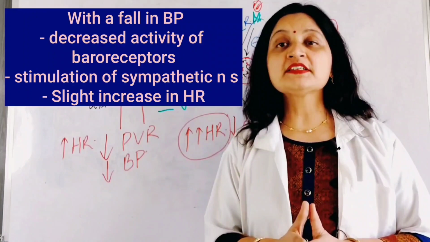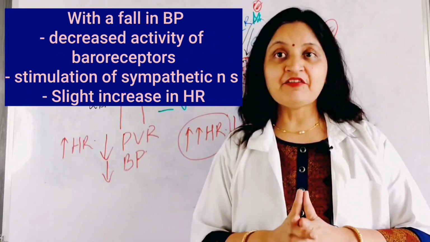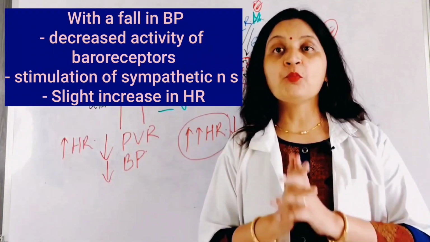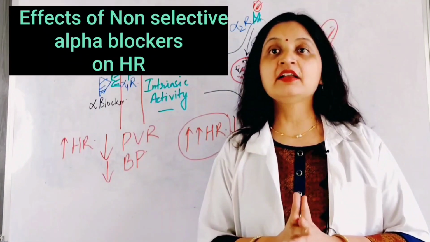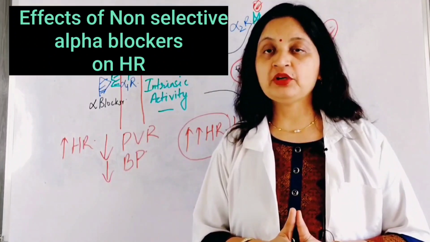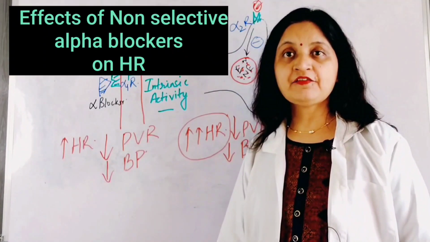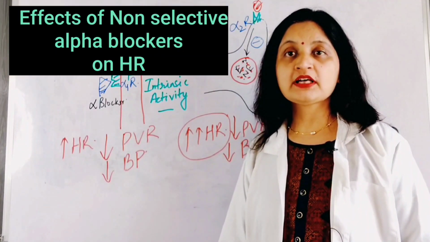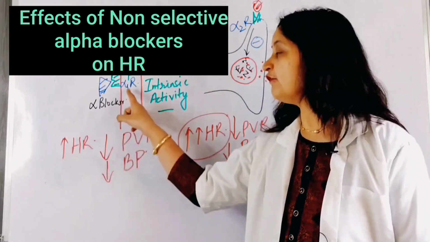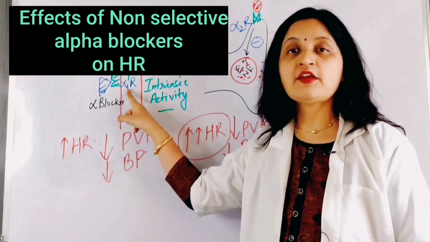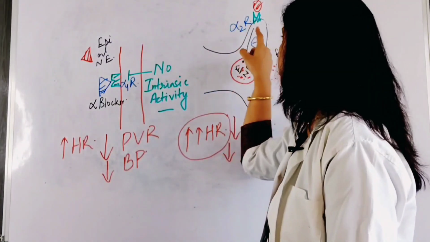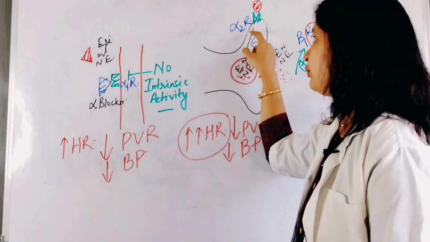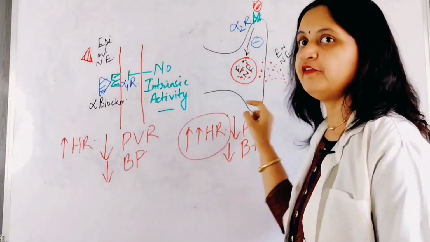So let us see what is the situation with non-selective alpha blockers that block both alpha 1 and alpha 2 receptors, and the drugs are Phenoxybenzamine and Phentolamine. As we can see in this figure, the non-selective alpha blockers, in addition to blocking the alpha 1 receptors that are expressed in the vascular smooth muscle, also antagonize the alpha 2 receptor that is expressed in the presynaptic nerve ending.